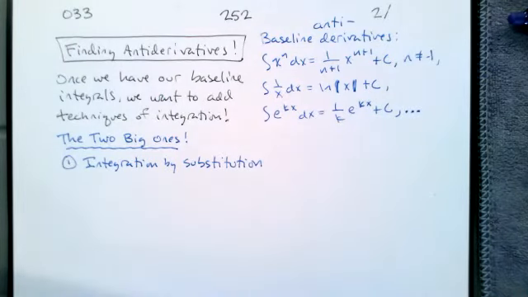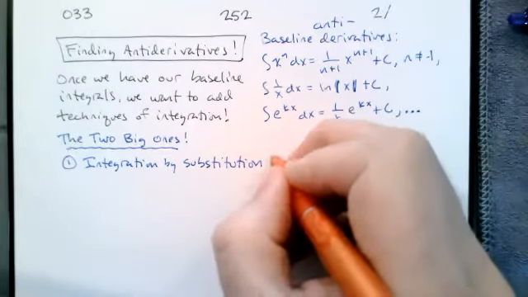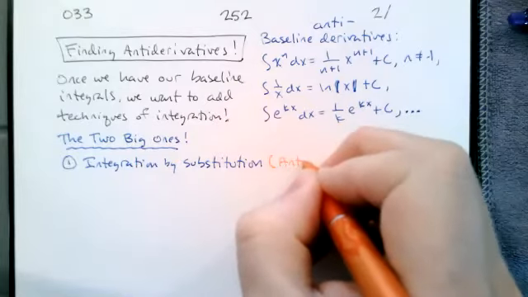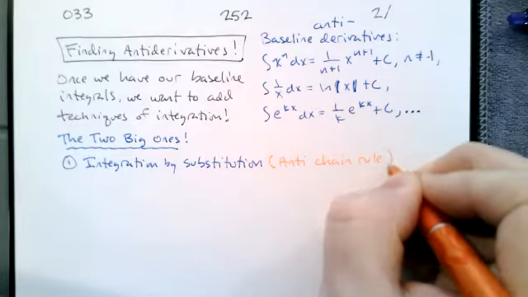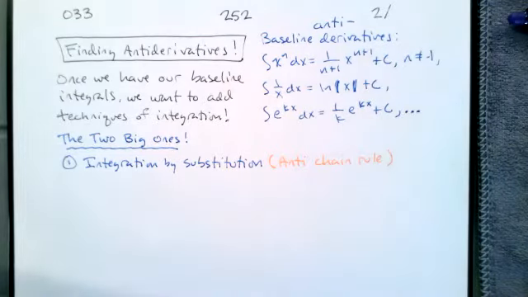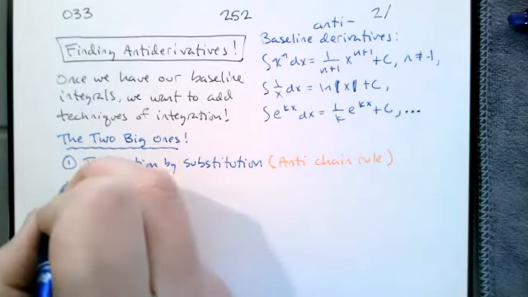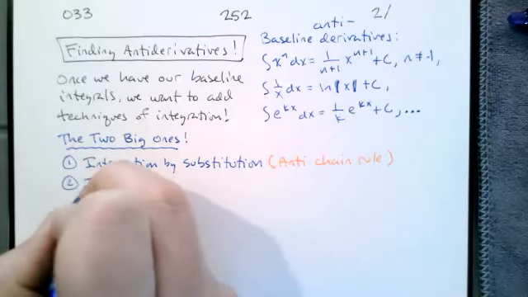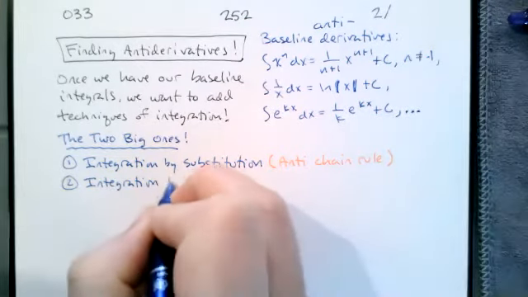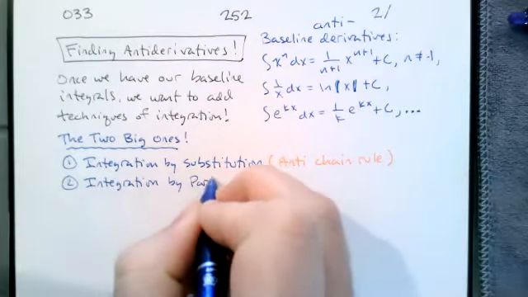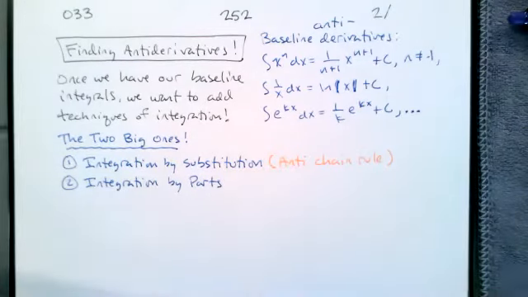So think of integration by substitution as the anti-chain rule. And the other technique that we're going to learn is integration by parts, which is the anti-product rule.